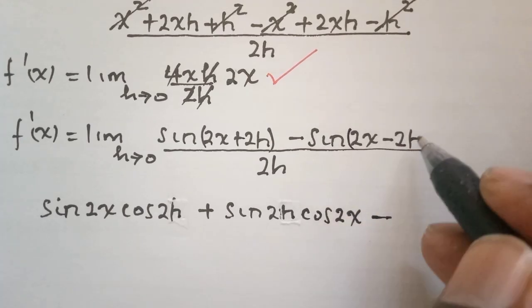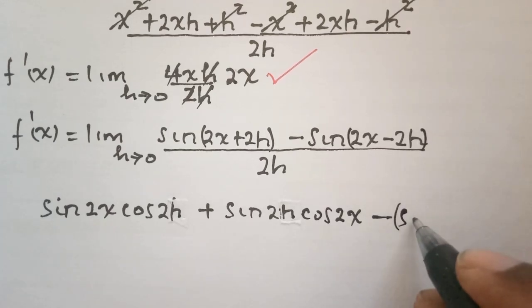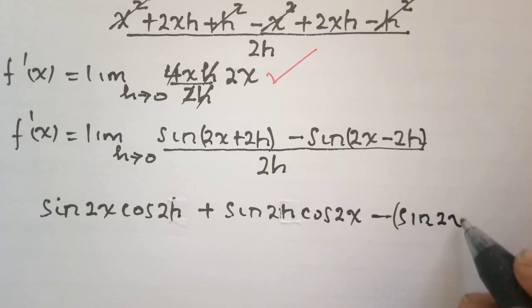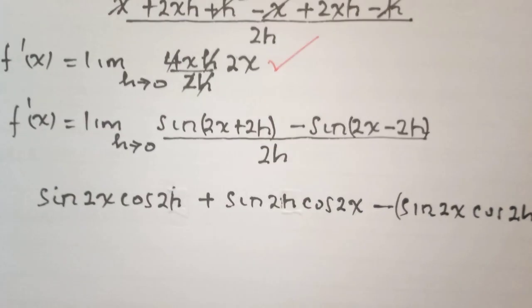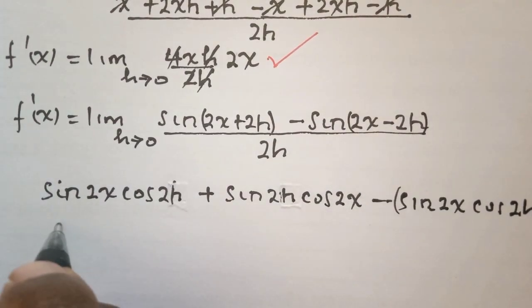This one is in brackets. We shall have sine in brackets still, sine 2x cos 2h, like that. Because this is minus, we shall have a minus there.